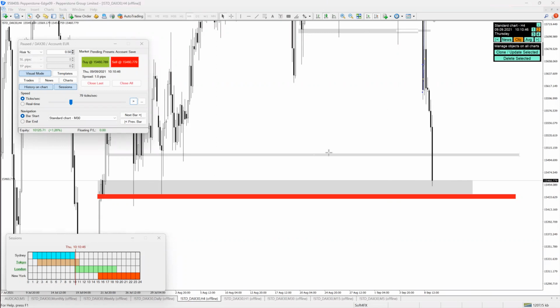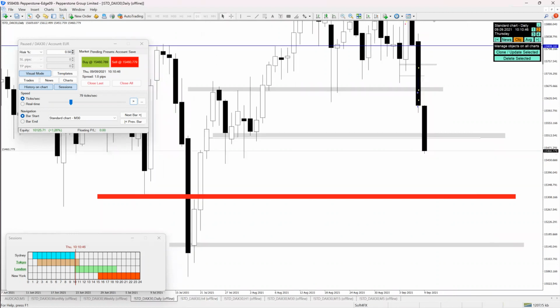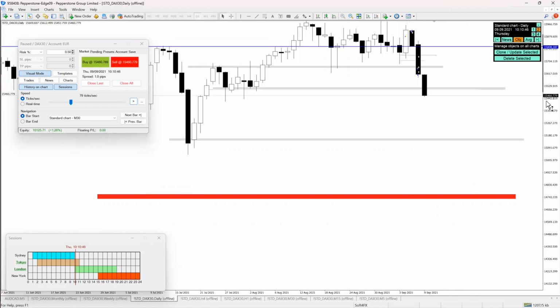We've already moved down a lot. This is my concern. Is that 4-hour candle starting from... We've moved down 150 pips again. Daily at this stage is looking very bearish.